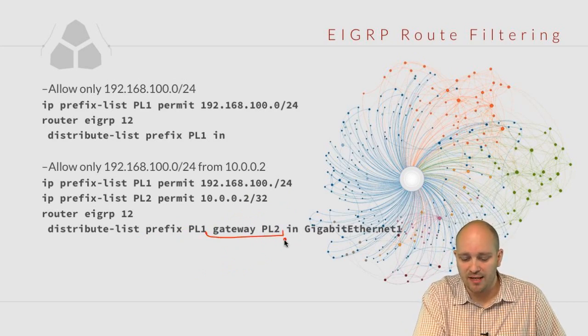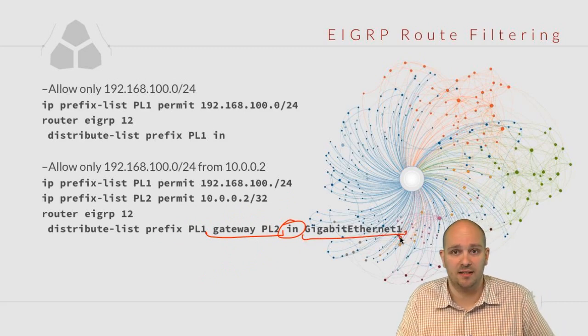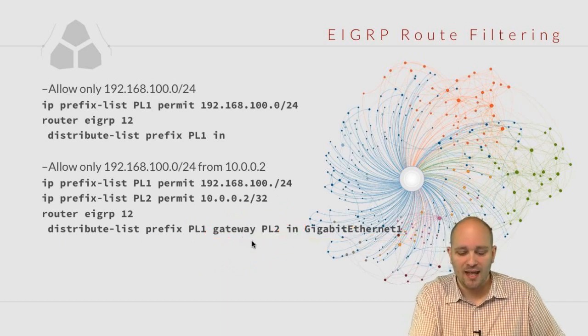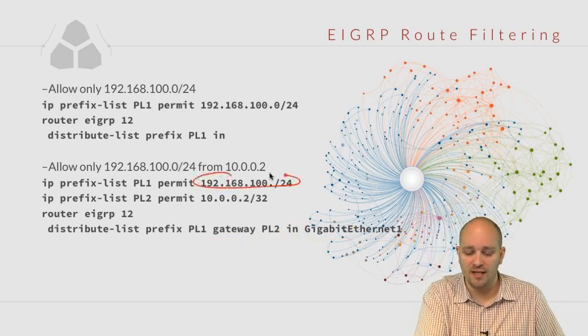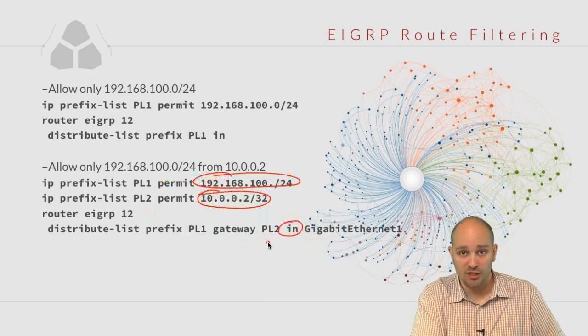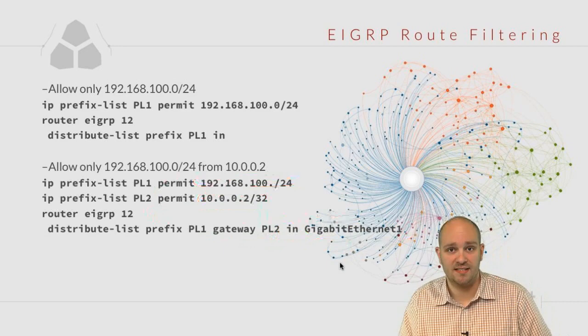So with this configuration, we are saying allow only this prefix learned from this neighbor, inbound, on gigabit interface 1.